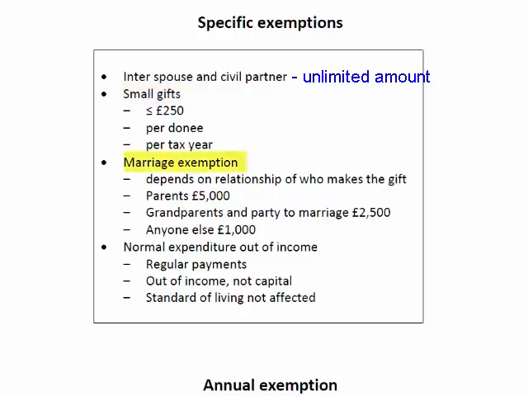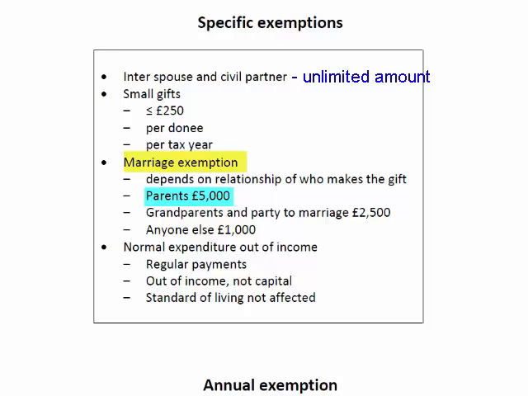The marriage exemption crops up quite regularly in the exam. It's available for any gift that happens by reason of someone getting married, and therefore the marriage must actually take place. The amount of the exemption depends who makes the gift, and if it is the parents of the couple getting married, they can give up to £5,000 each.